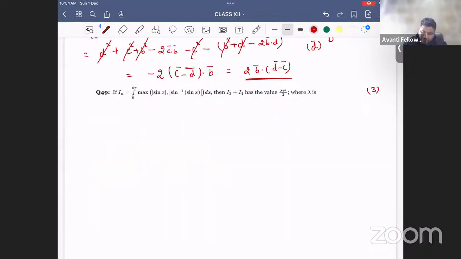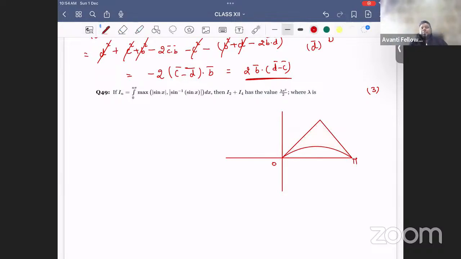In is 0 to n pi, maximum of mod sin x, sine inverse of sin x. Now see, graph of sine inverse of sin x is like this. And sin x is like this. This is in 0 to pi.